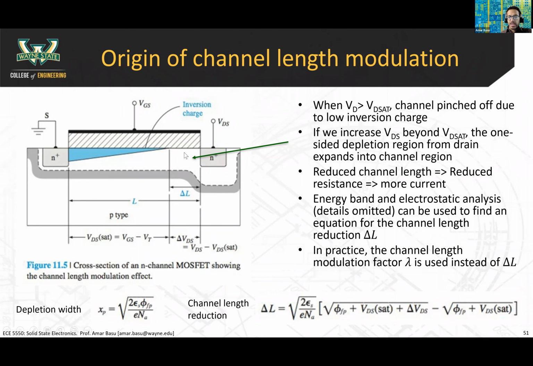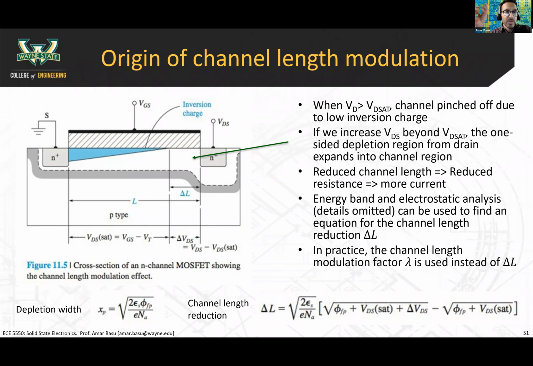The length of this region is important because that determines the resistance from the source to the drain. If this delta L becomes larger, then this inversion charge region becomes shorter. As you know, when the length of a resistor decreases, its resistance goes down.